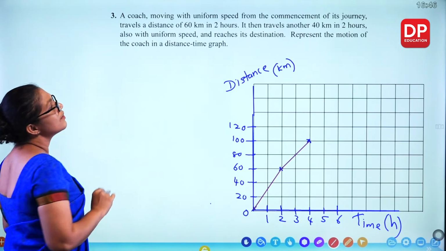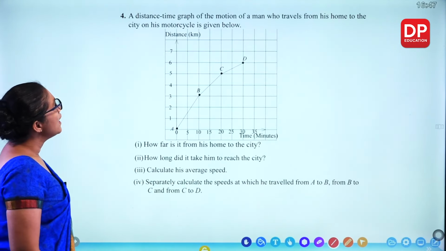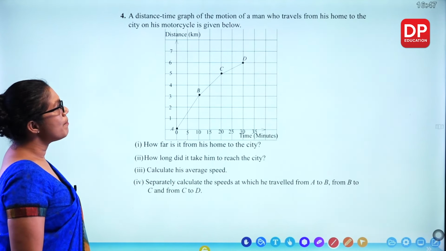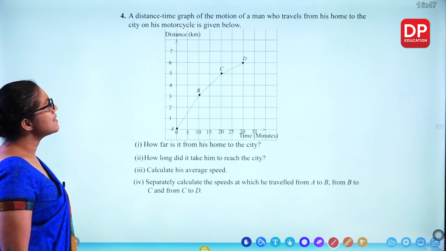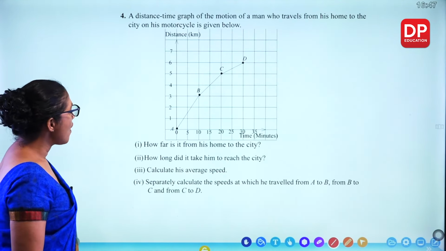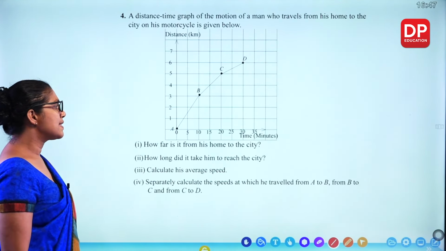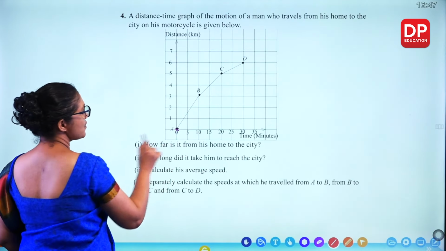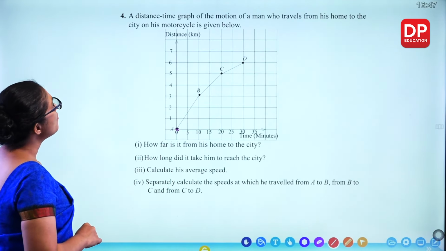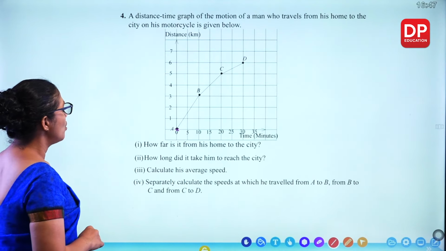Question number 4. A distance time graph of the motion of a man who travels from his home to the city on his motorcycle is given below. How far is it from his home to the city? When you look at this graph, this is home, starting point. Home to the city.